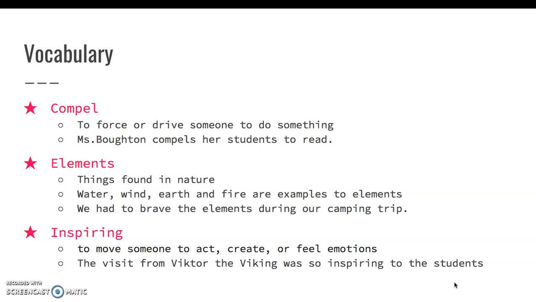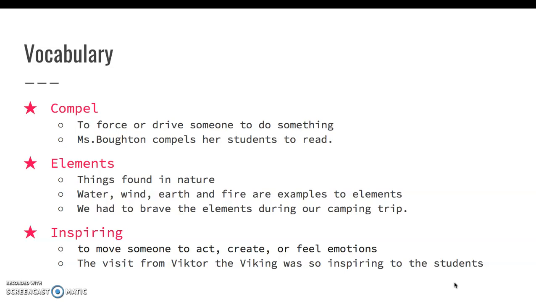Our school had a visit from a very special guest, so that inspired our next sentence. The visit from Victor the Viking was so inspiring to the students. So you all enjoyed very much having Victor come visit our school and learning about what bullying is and how it can be prevented.